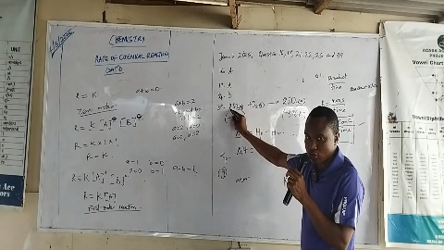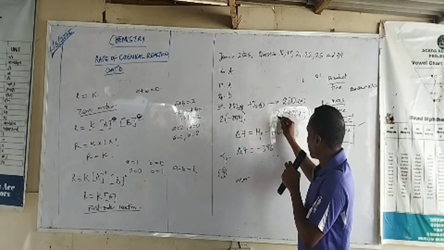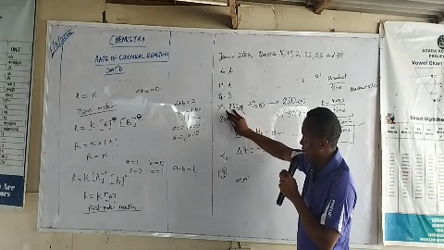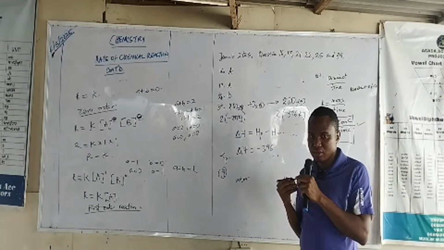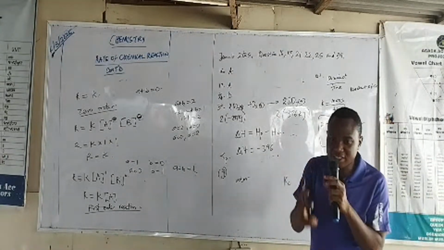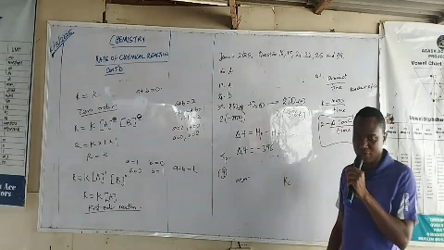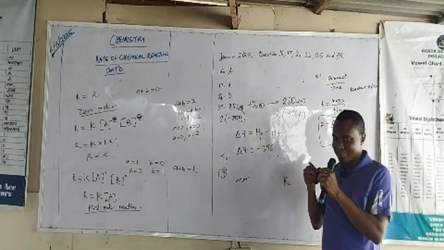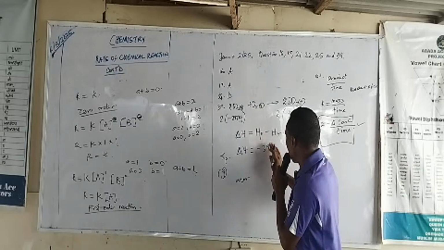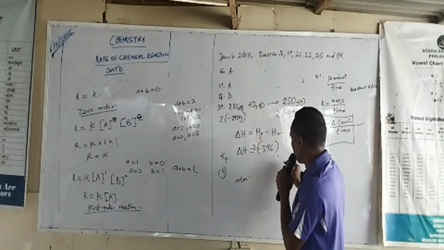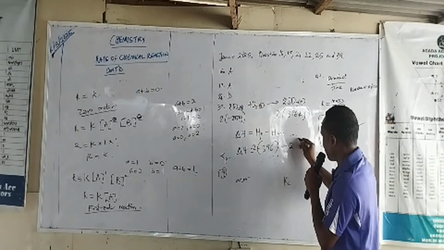This is 2 moles here. It's supposed to be stated that these are SO2 and SO3 respectively, so we multiply by 2.